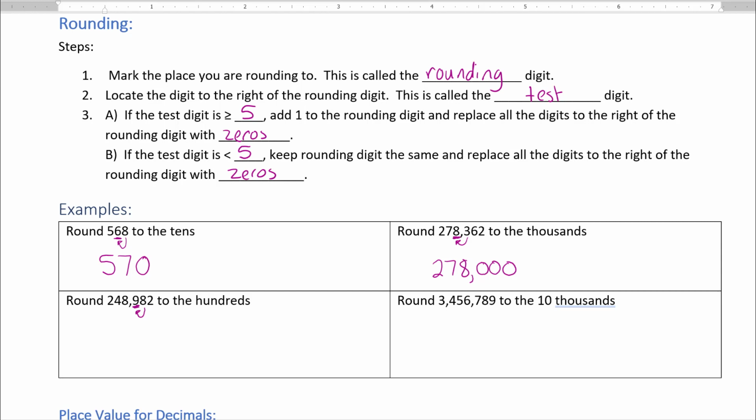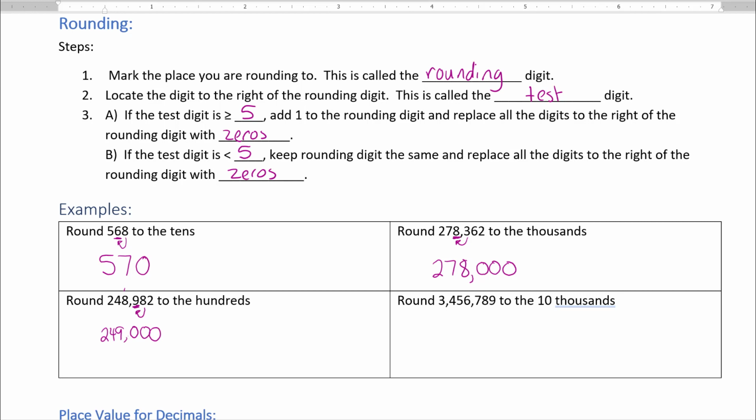So what we have to do is move 9 up to 0, and then that has to carry a 1 over to the thousands digit. So we have 249, and then we put zeros behind it. Now this also looks like we rounded to the thousands, and in this case, rounding to the hundreds and rounding to the thousands is the same, which is 249,000.